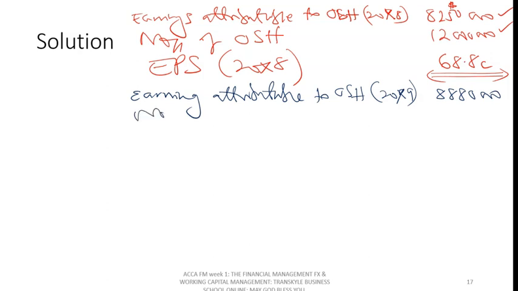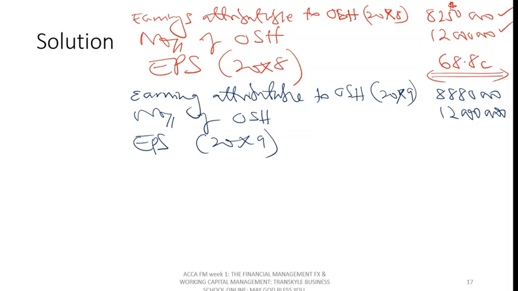The number of ordinary shares did not change. It was 12 million. Therefore, the EPS 2009 was this number divided by this number, and we get 74.0 cents.